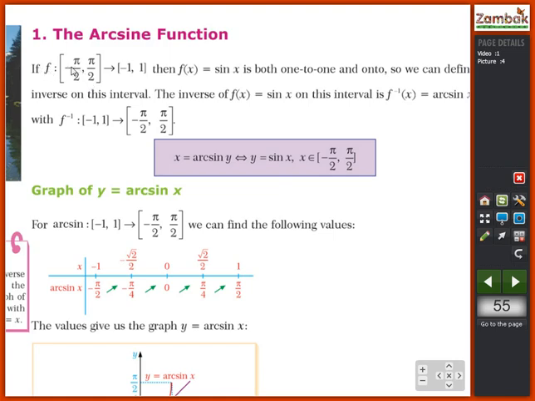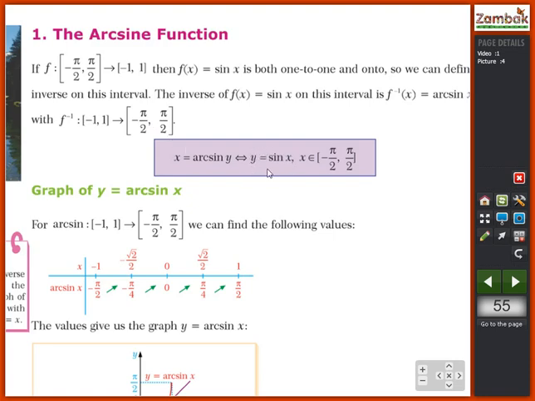So if the function assigns elements from here to here, the inverse of the sine function undoes that, assigning the elements from here to here. The value of arcsine must be between minus 90 and plus 90.